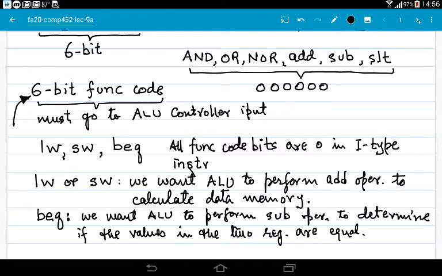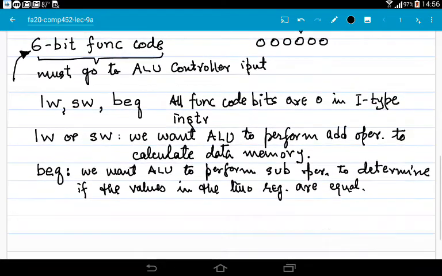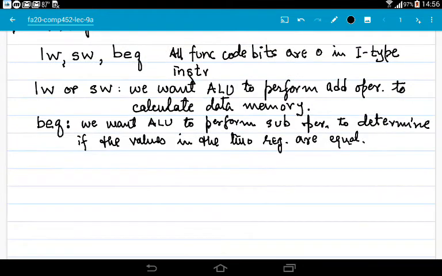So it means that for I-type instructions we need to perform addition for load word and store word, and subtraction for branch if equal.